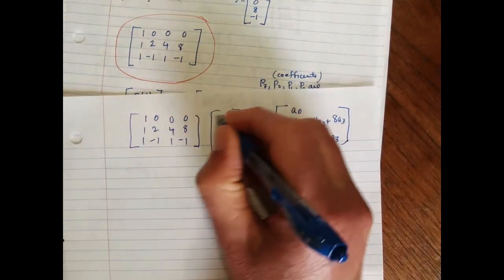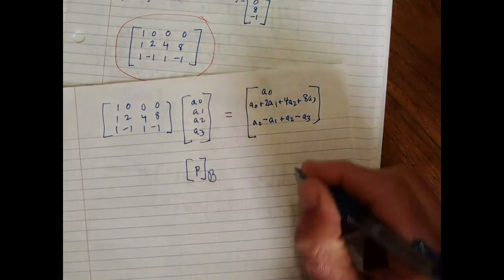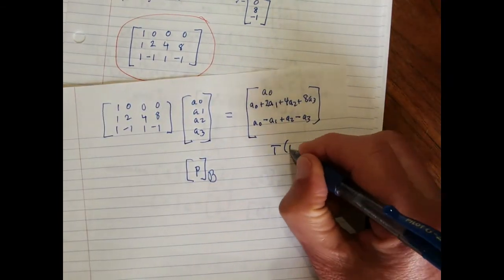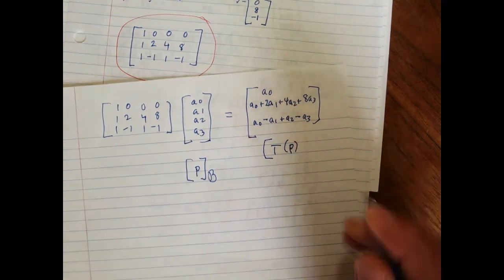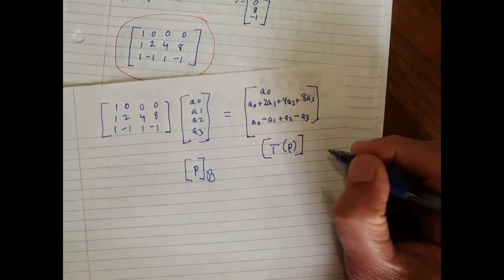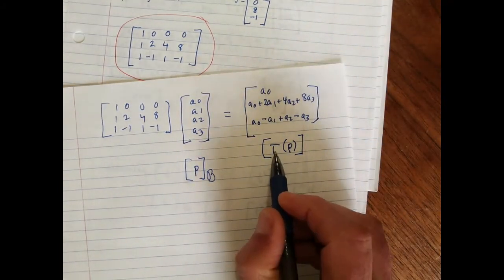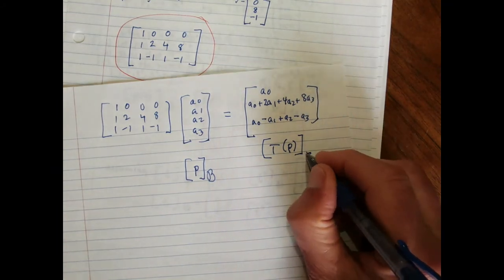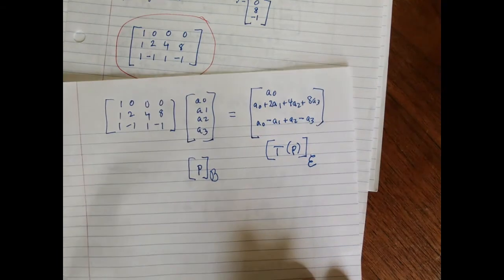So I just multiplied matrices there. This can be thought of as the image of the polynomial p under that linear transformation. That's the image in the standard basis of R3.